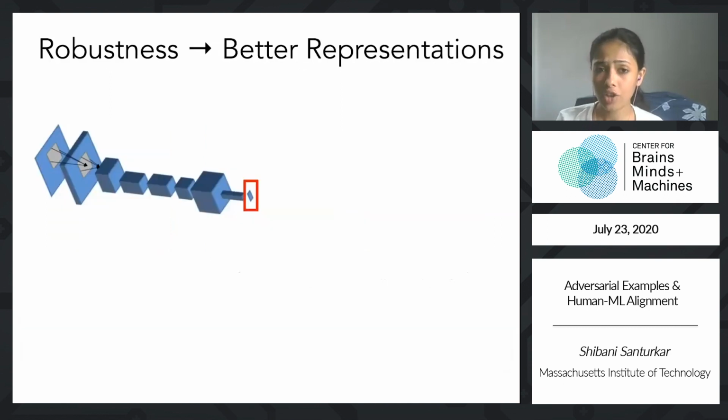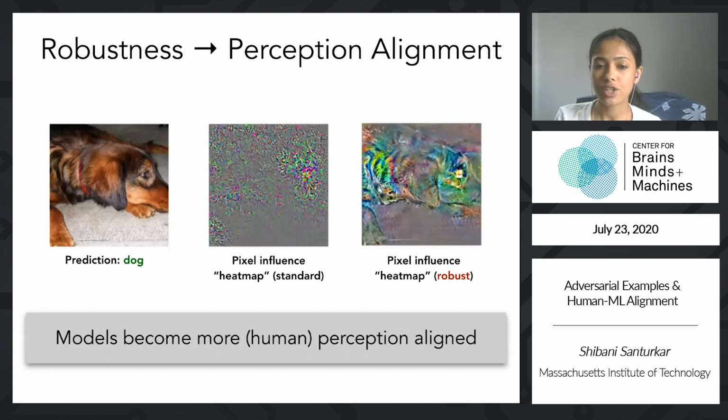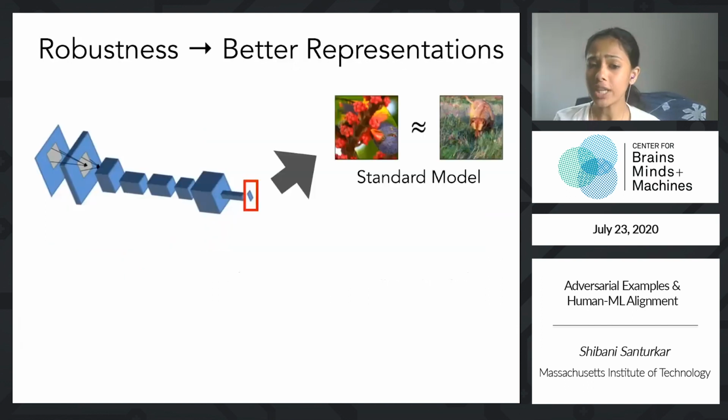Another really cool property of robust models is that they have better representations. Like we talked about earlier in the talk, the hope was that deep networks would allow us to learn representations that are good at multiple tasks, even beyond classification and prediction. But what happens for standard models is that you can easily find two images that look really different to a human, like a parrot and a dog, that according to the model have nearly identical representations.